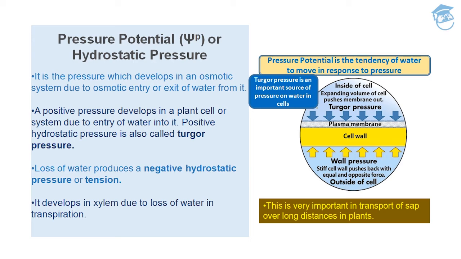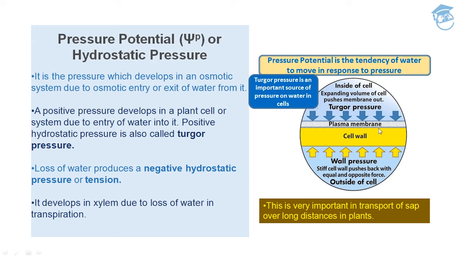Turgor pressure is an important source of pressure on water in cells, and this is very important in transport of sap over long distances in plants.